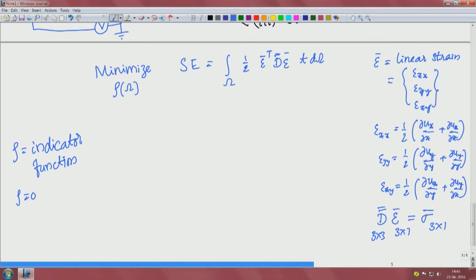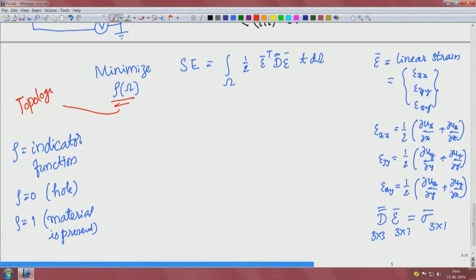If rho equals 0, it is a hole there, and if rho equals 1, material is present. Essentially by doing this, we are solving what is known as a topology optimization problem.